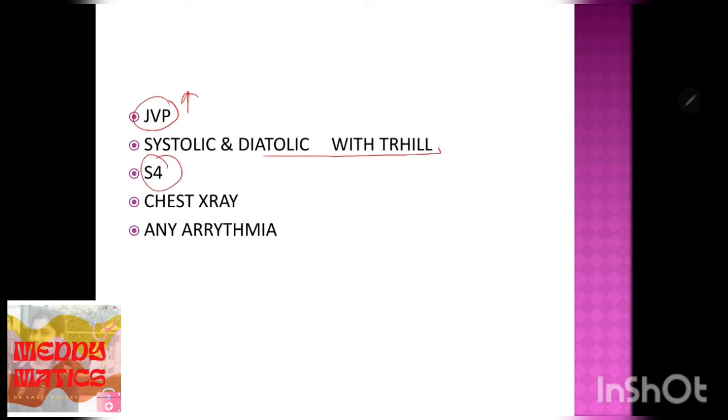S4 can be easily heard, and S2 is louder with a prominent split. On the chest X-ray you will get marked cardiomegaly, and any sort of arrhythmias can be easily observed in heart disease during pregnancy.